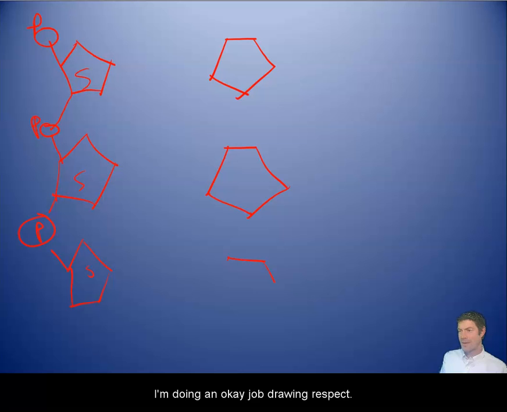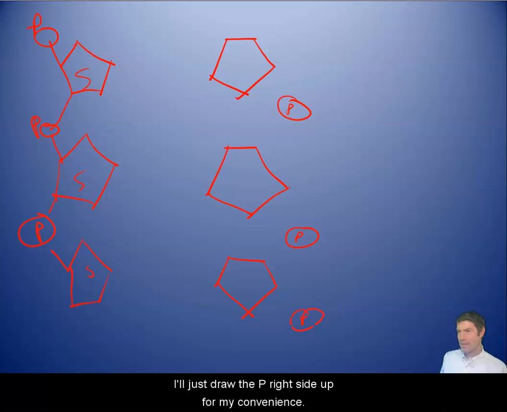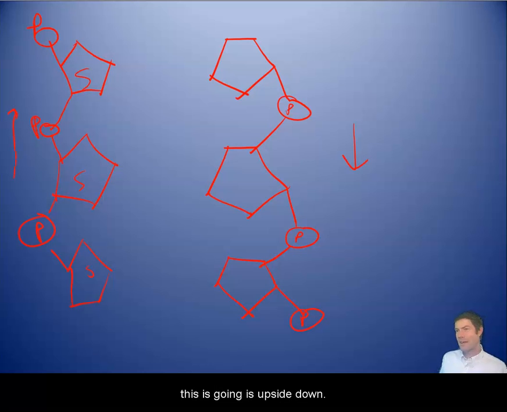Now I'm doing an okay job drawing it upside down. There we go. And we draw the phosphates here. I'll just draw the P right side up for my convenience. There. So I got, see how this is going this direction, and this is upside down, it's just flipped.